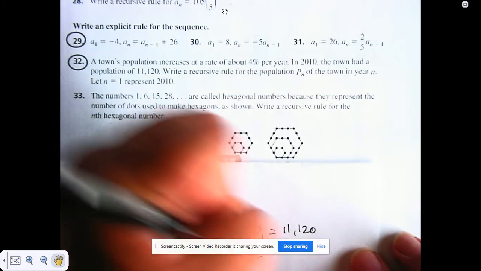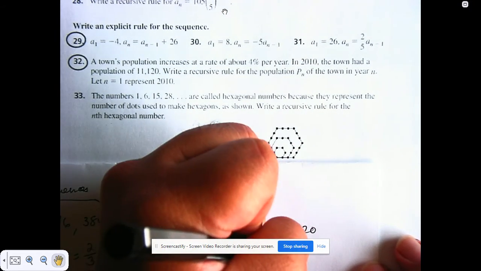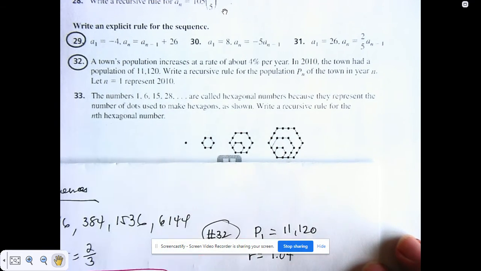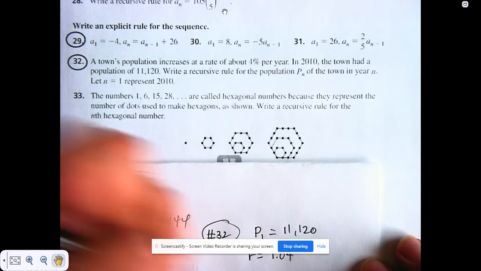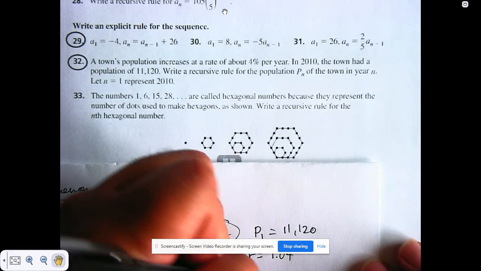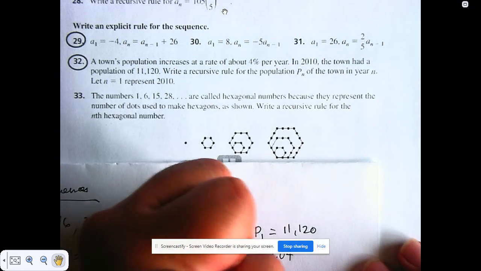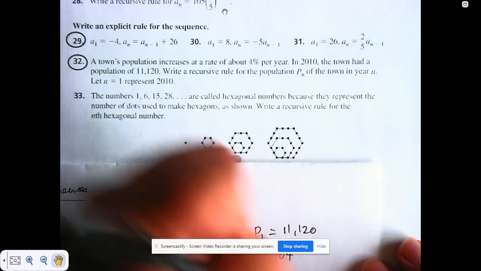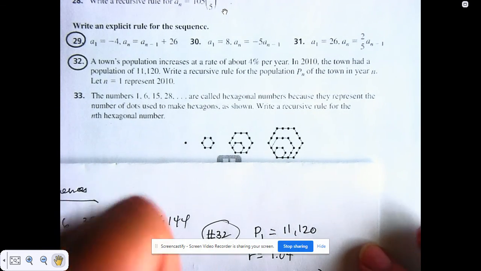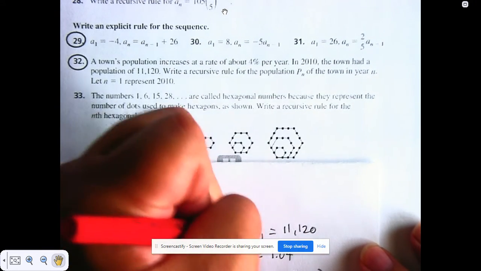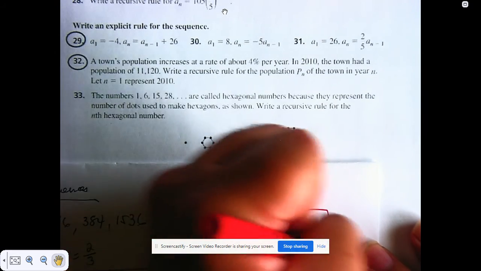You are increasing it by a factor of 1.04, which is 100% plus 4%. So P sub n is equal to 1.04 times P sub n minus 1. They go together with the first term.